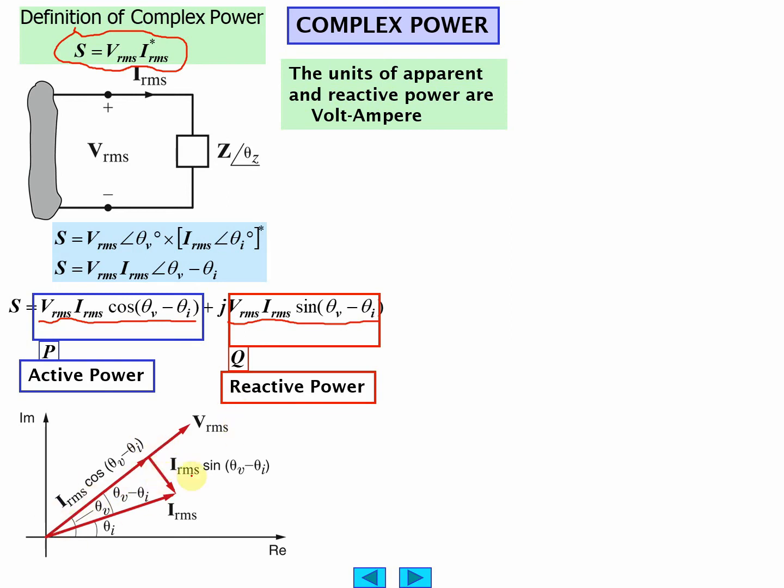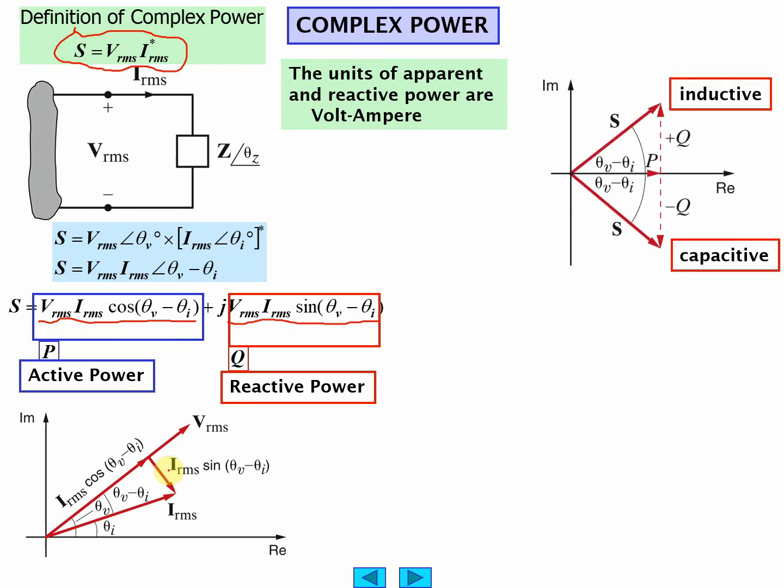Then this is the sine, this perpendicular to V_RMS. Again, the inductive versus capacitive, real versus reactive, what happens to the phase angle with inductive and capacitive. Voltage leads current in inductive, voltage lags current in capacitive.